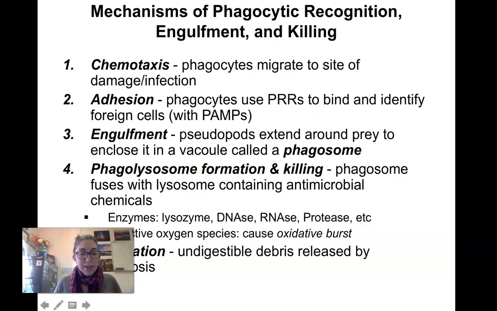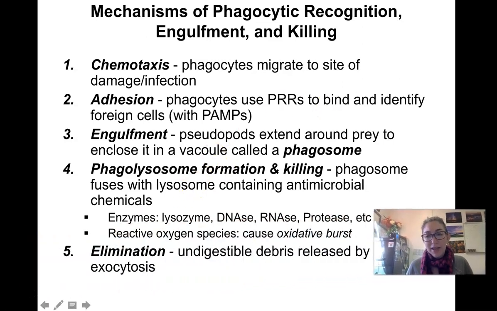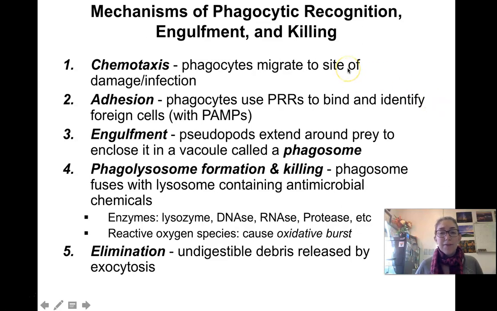So how does phagocytosis work exactly? Well, the first thing is, the white blood cells have to get to that site of damage or infection, and they do that through chemotaxis. Damaged tissue, we're going to see, releases chemicals that attract phagocytes, and they will move in a positive direction towards those chemicals, and we call that chemotaxis.